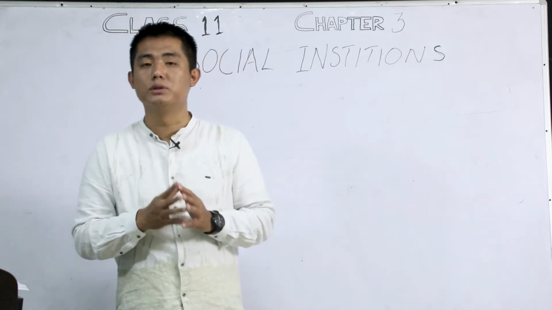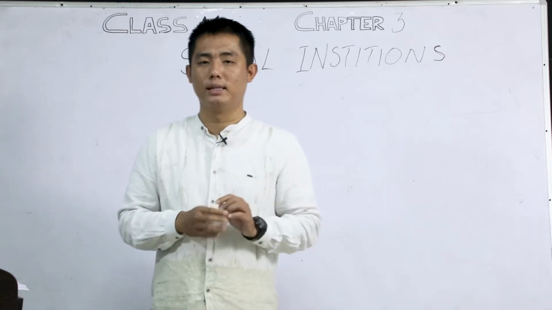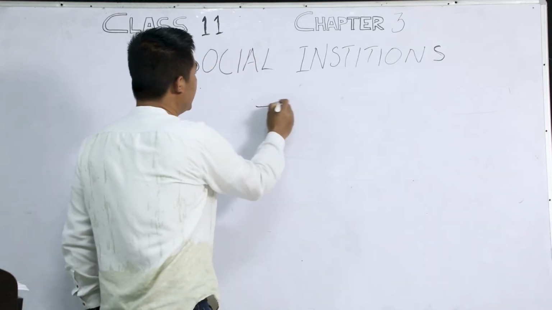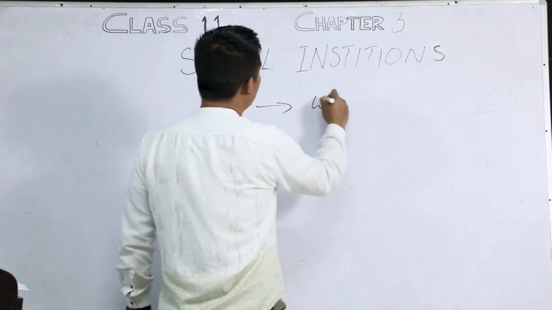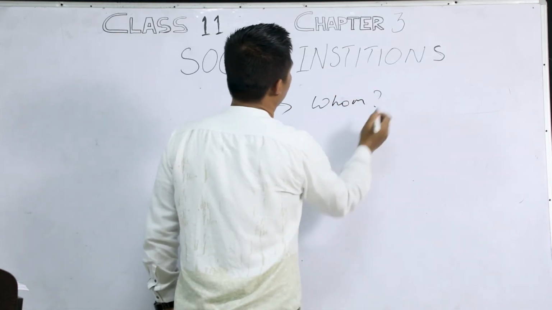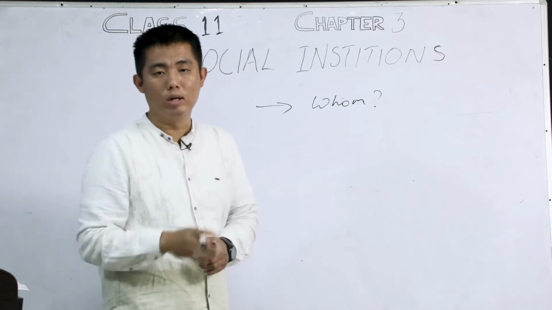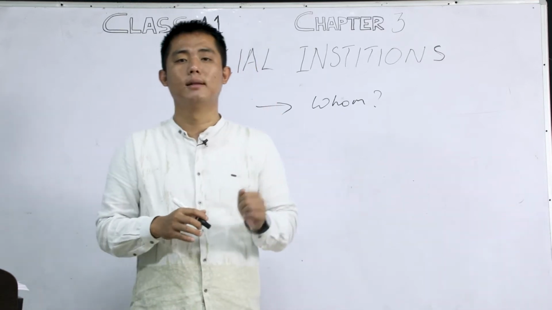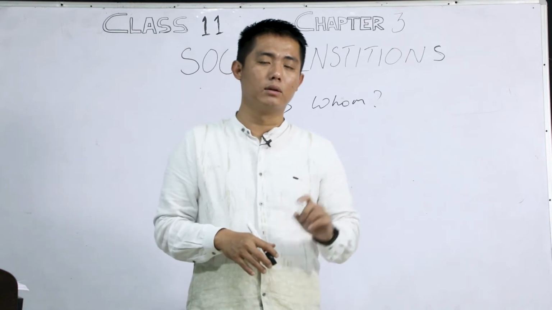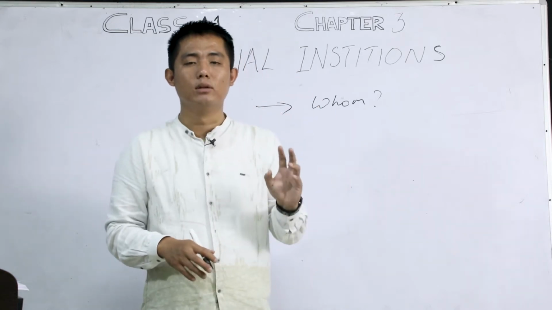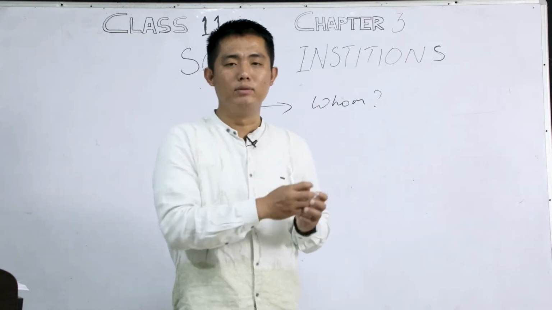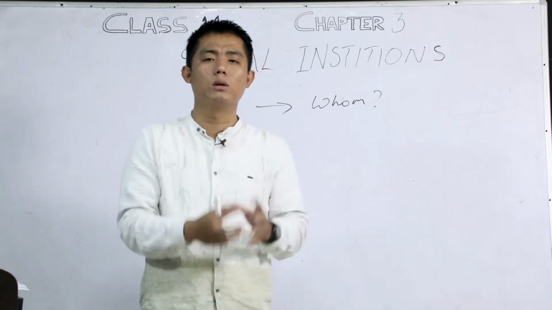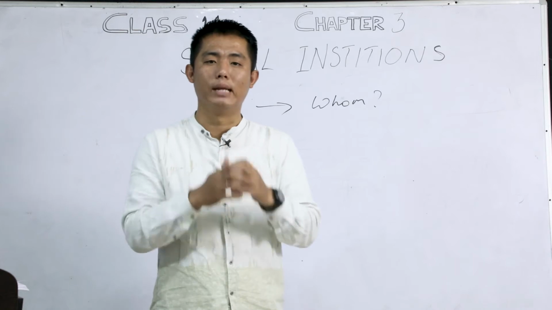Today I would like to discuss a little bit about the rules of marriage. Society gives the idea about whom we can marry and whom we should not marry. There is a word called incest taboo. You are prohibited from having any kind of sexual or marital relationship with your close family or close relatives.